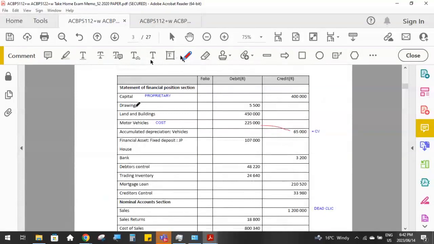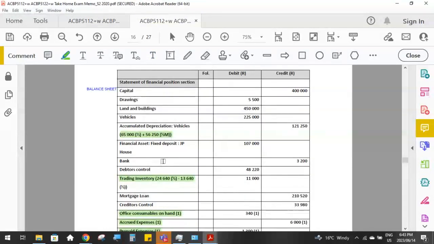According to our records, we have 24,640, but we have only counted 11,000. So we can see we are going to have to make an adjustment there because we have less stock than recorded, and on our post-adjustment trial balance, the trading inventory must equal the value of the stock that we counted. The balance must be 11,000.